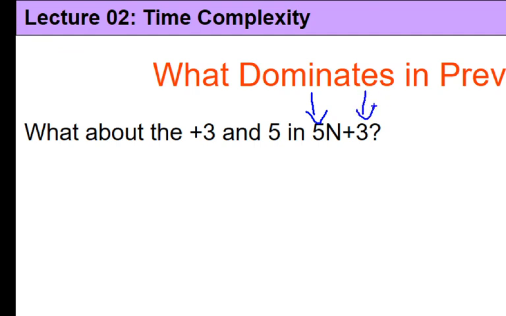We are always interested in having a big picture. For example, let me just take the case of this plus 3. Now, this plus 3 is insignificant, right? Let us switch to a different example for the analysis of code or algorithms.